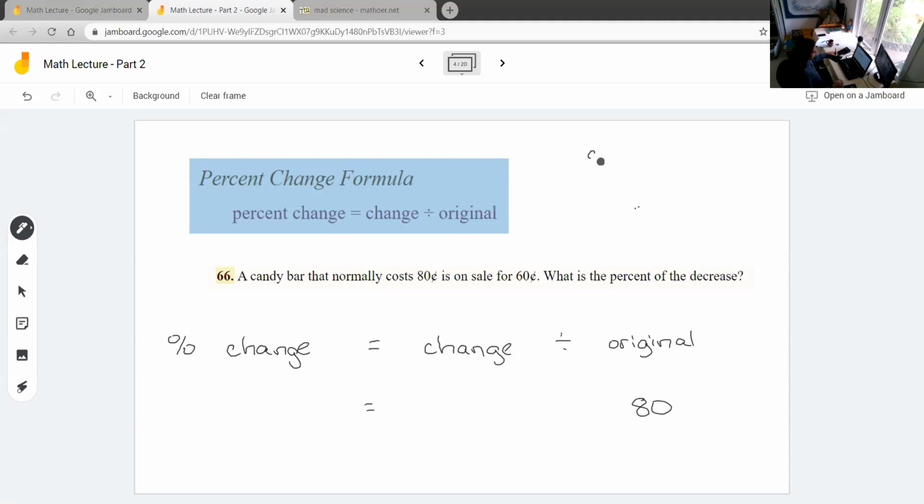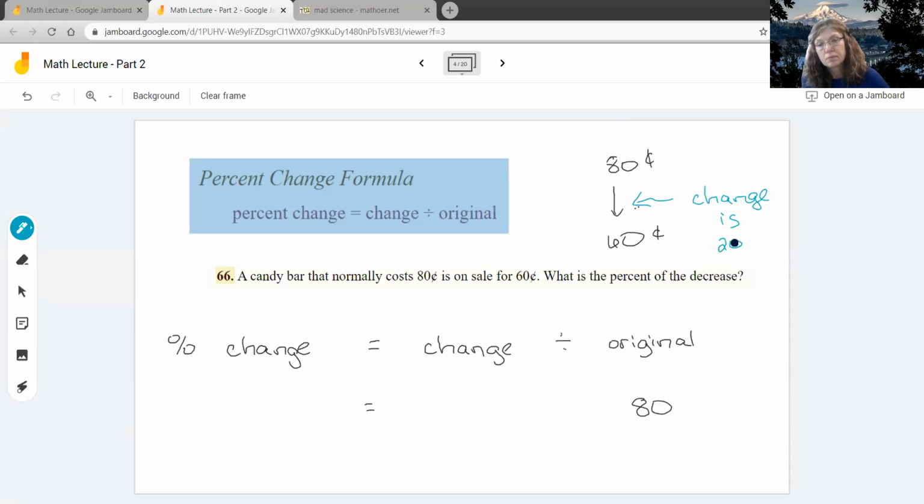We started at 80 cents. We went down to a price of 60 cents. So now that I draw it that way, what's our change? 20 cents. It's not in the original problem.